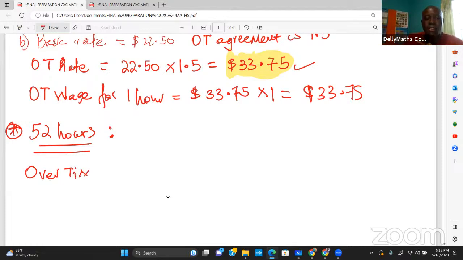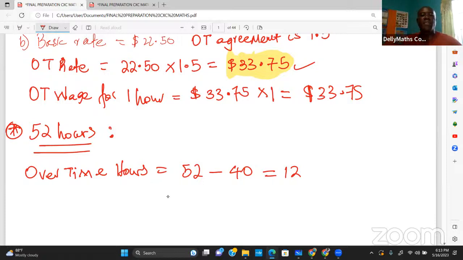We can tell the overtime hours by subtracting the 40, which is the normal hours, from all the hours she worked that week, and we're going to get 12. So in other words, this person worked 12 hours extra, right, on overtime.